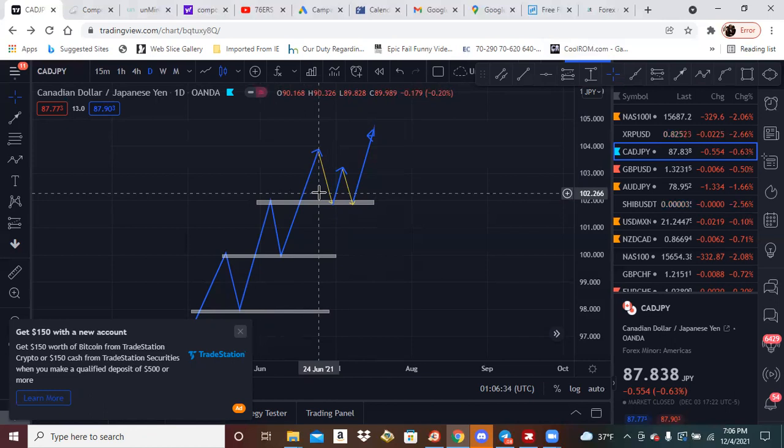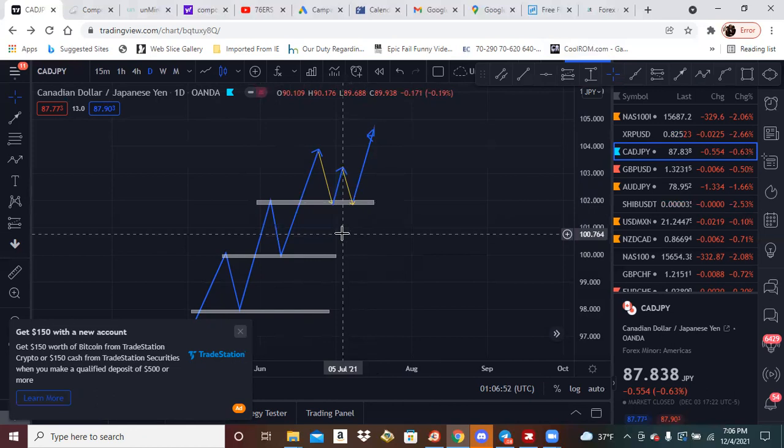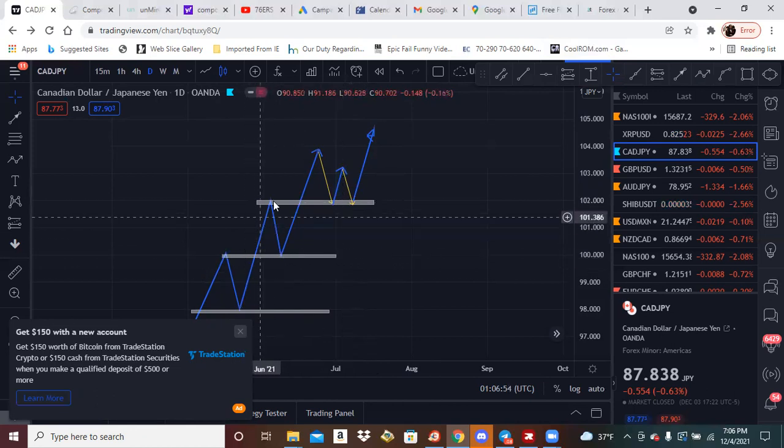That's not good account management. Make sure you buy as close to the support and resistance as possible and have it where you're looking for these patterns. I'll have a video on how to look for the setup and everything. But this is what we're dealing with, just more pure market structure, how the market moves. That's how you want to do it.